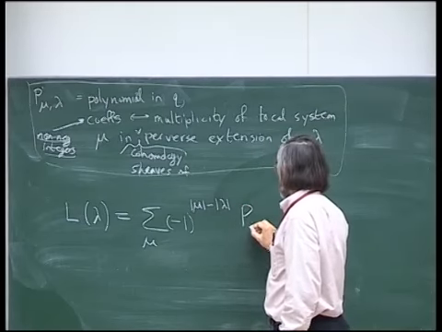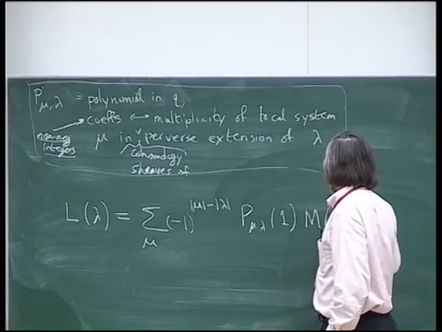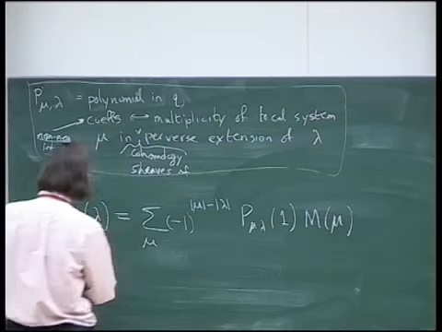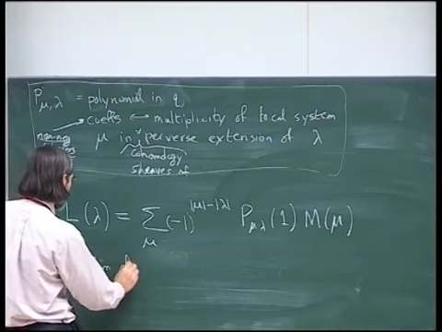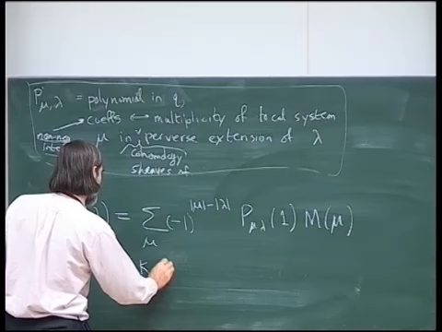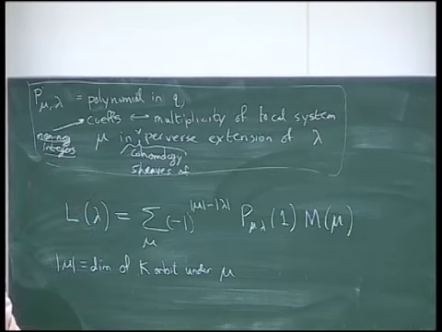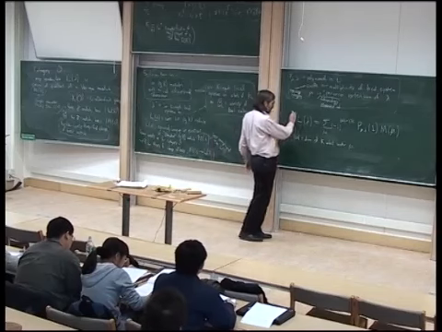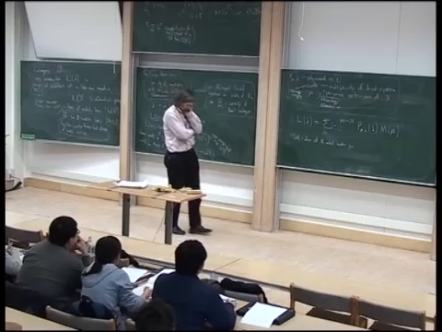And I think I may have this right. So here, this mu is the dimension of the K orbit that's underneath mu. So I may have this completely backwards, but something along these lines is true.